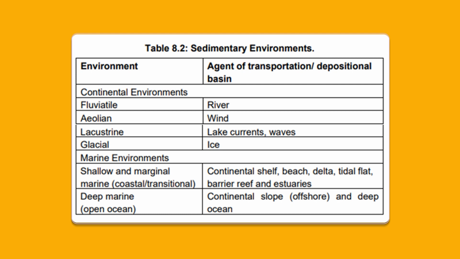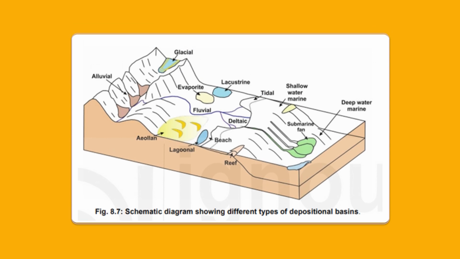It could form at the continental shelf, beach, delta or tidal flat, or the barrier reef and estuaries. Then there could be deep marine, that is open ocean, and the continental slope, offshore and the deep ocean. Now, this block diagram shows these various environments.